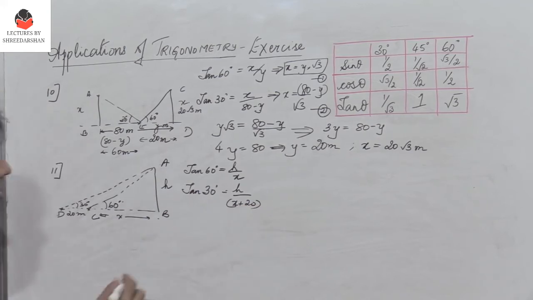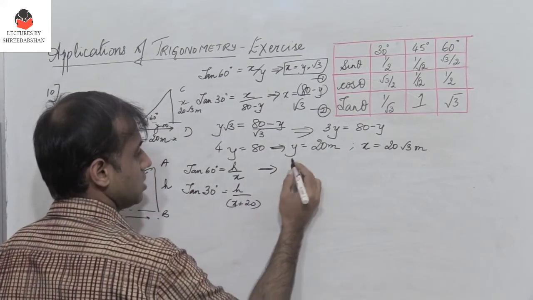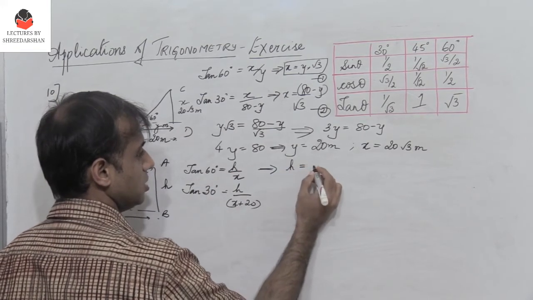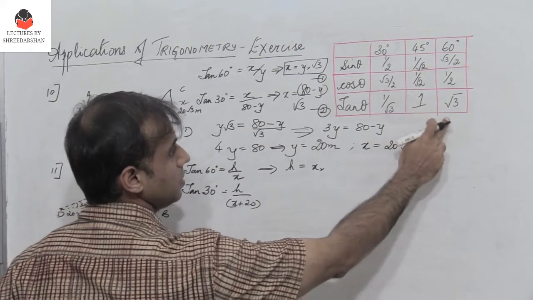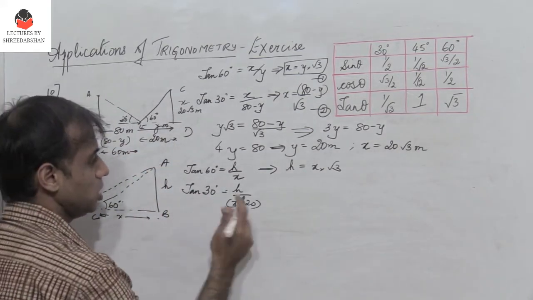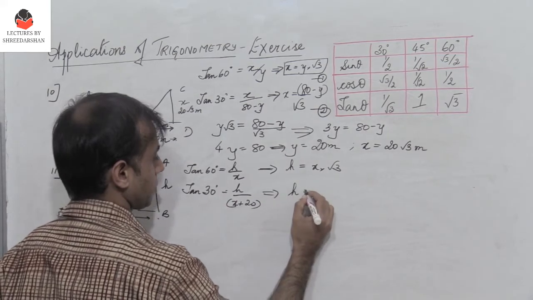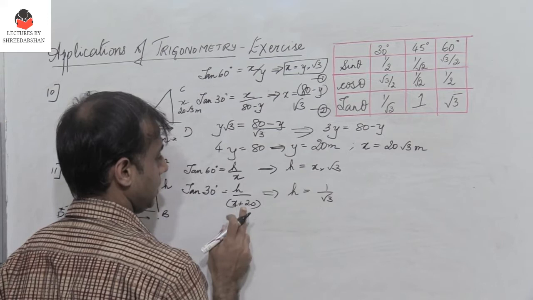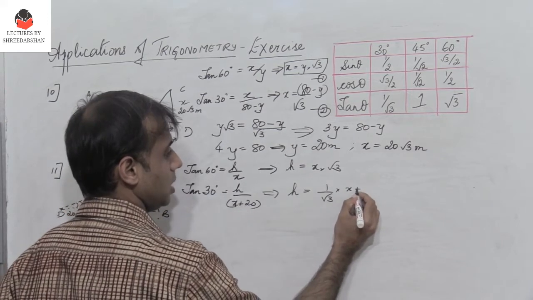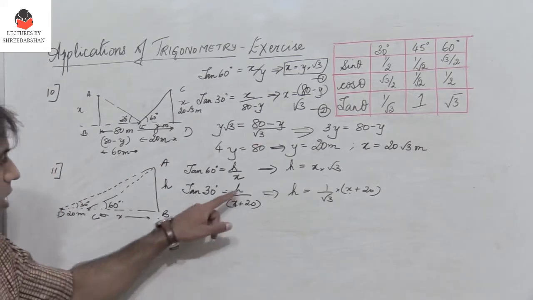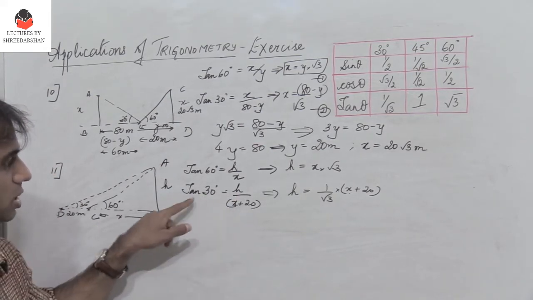So now h equals x into tan 60, so h equals x into root 3. And similarly here, h equals tan 30 into x plus 20, which is 1 by root 3 into x plus 20.